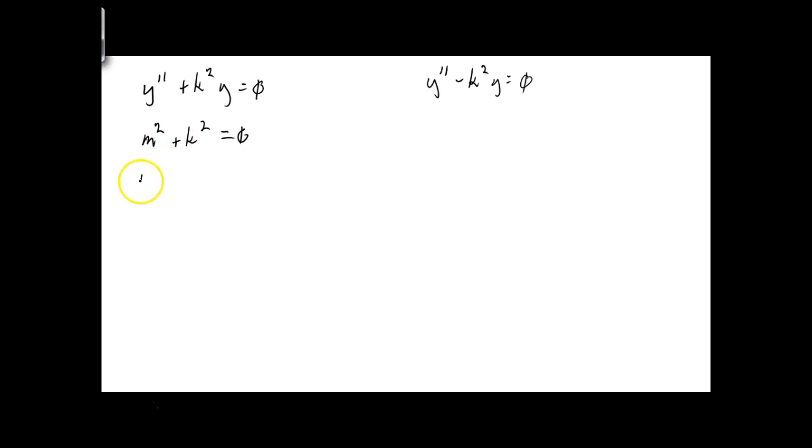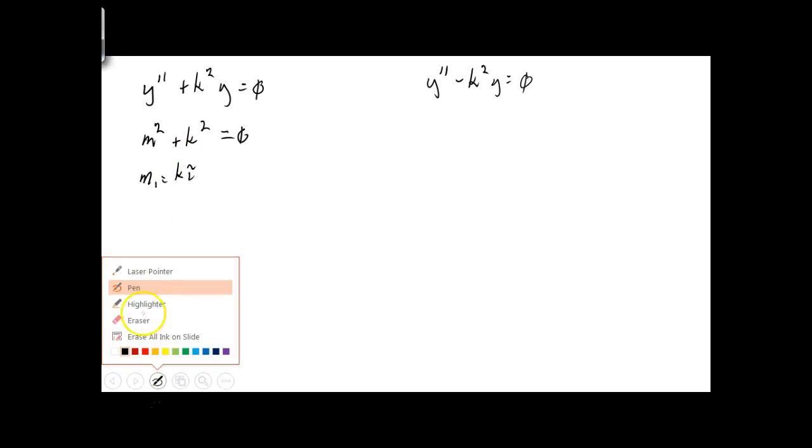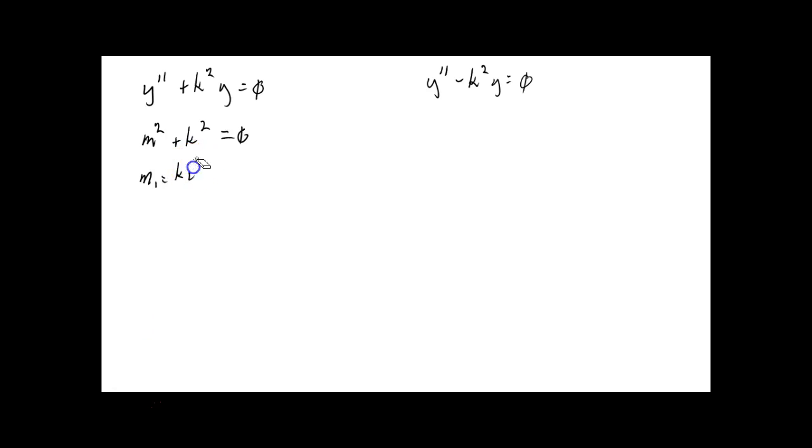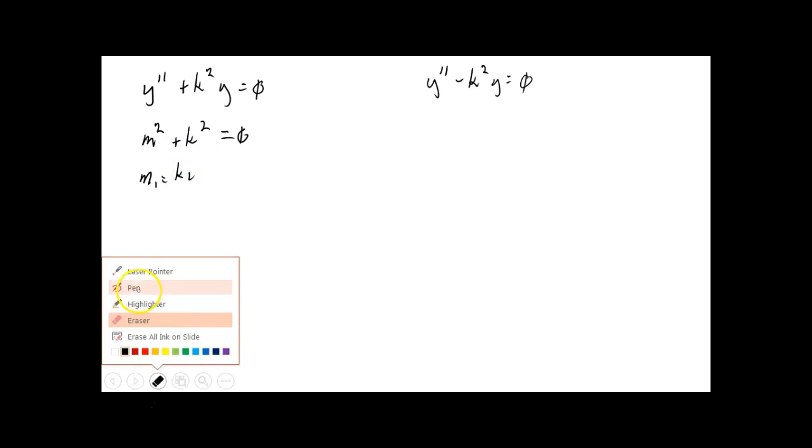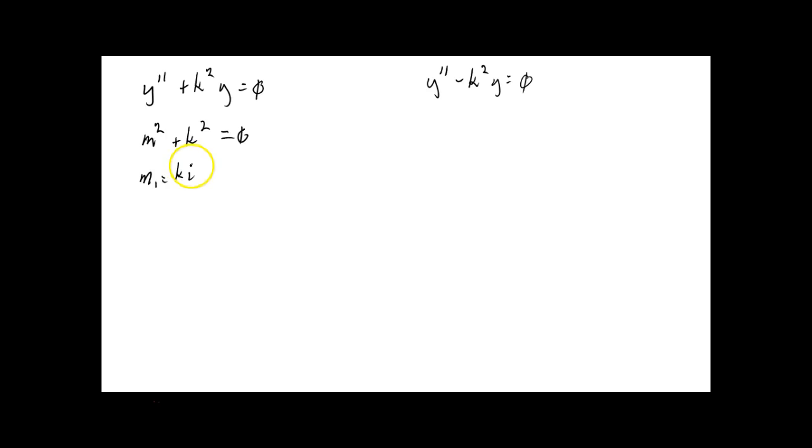So your m1 would be ki, positive ki. This is the i, which is the imaginary number, and m2 is minus ki.